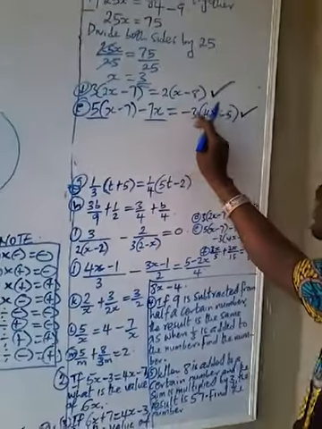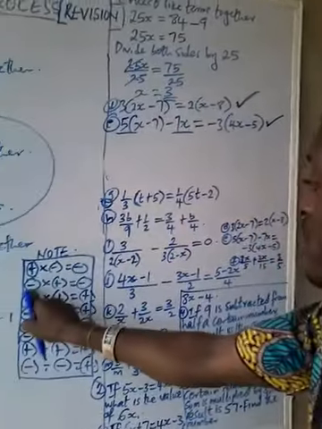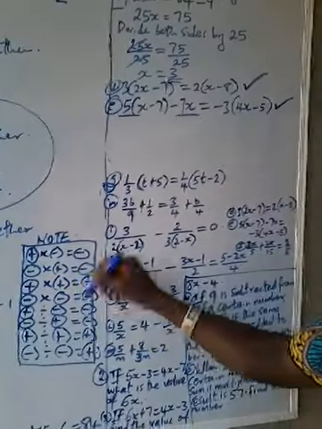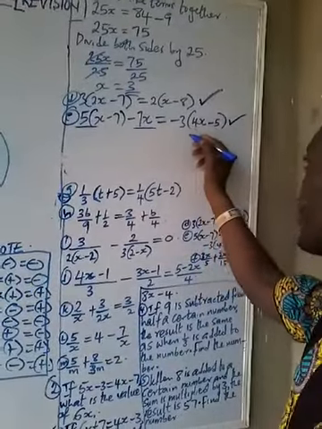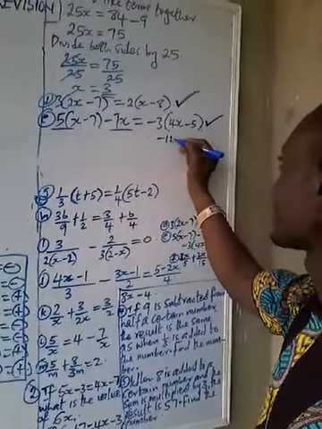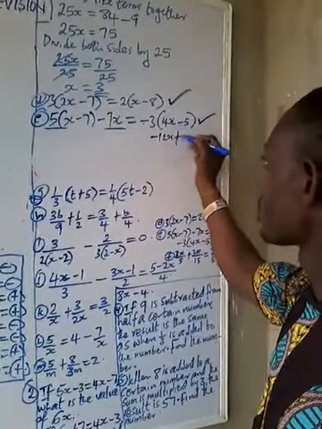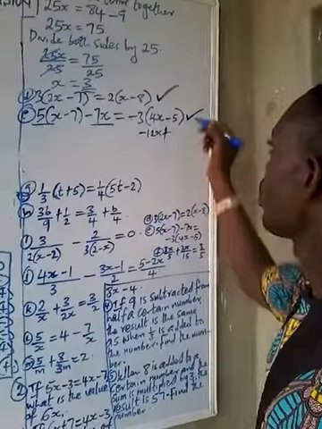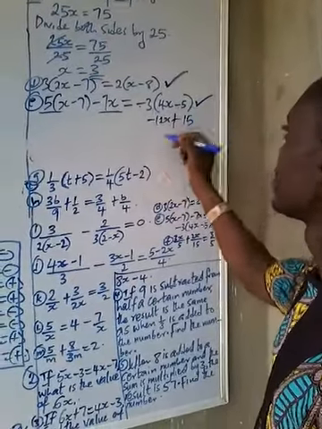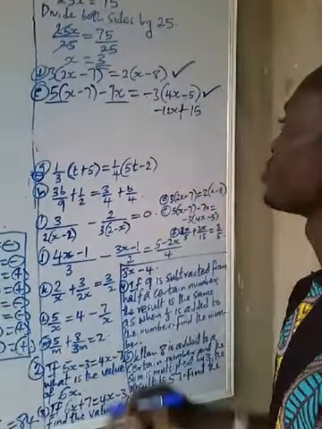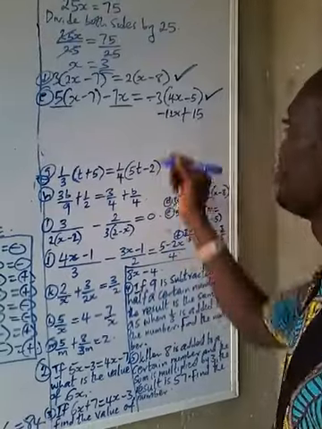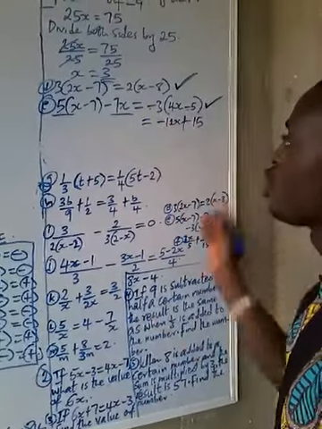This is minus times plus. Minus times plus will give you minus. So to open this bracket, you're going to get minus 12x. Then minus times minus will give you plus 15, because 3 times 5 will give you 15. So you have this at the back of the bracket, on this side of the equal to.